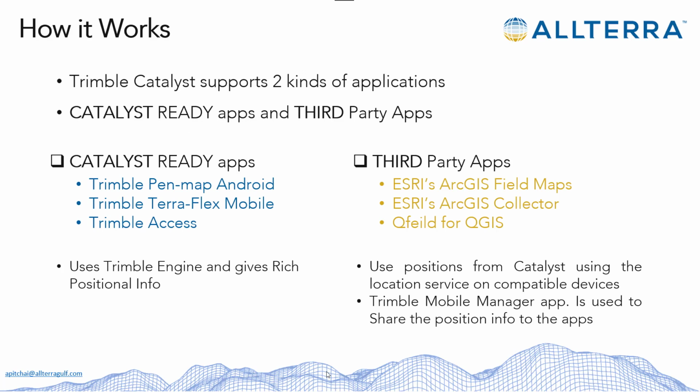So Catalyst works with two kinds of application. One is the Trimble ready or Catalyst ready applications. The other is the third party or partner apps which Trimble supports. In Catalyst ready applications we have Trimble Penmap, Trimble TerraFlex or Trimble Access.